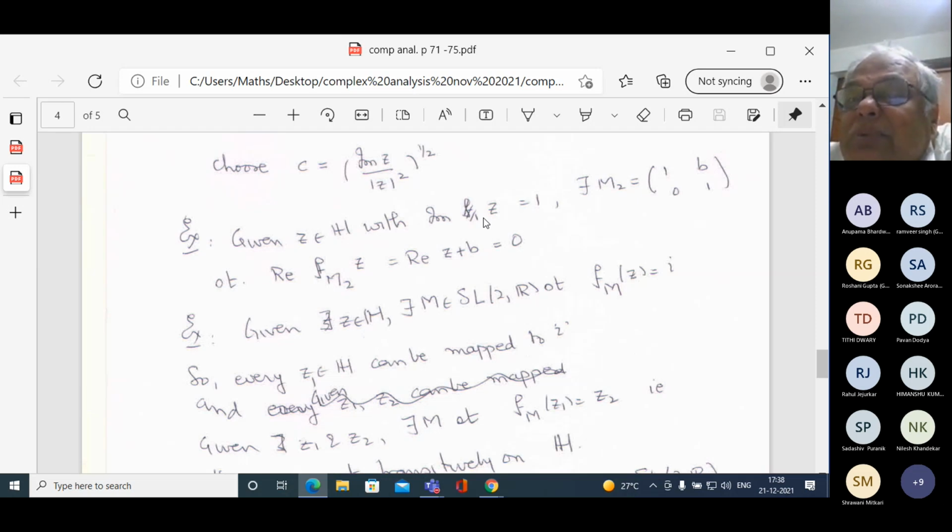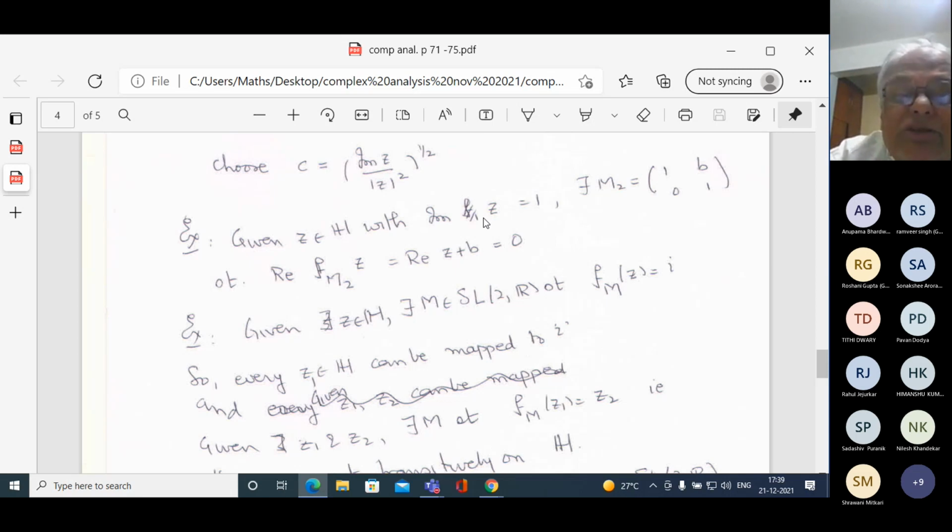Acting on z it is (az + b) over (cz + d). d is 1, c is 0, and a is 1. So M2 of z is equal to z + b. That means you're translating by b. b is a real number, so the imaginary part does not change, and the real part gets translated by b. So I can find some b so that the real part of F_M2 of z, which is the real part of z + b, is 0.